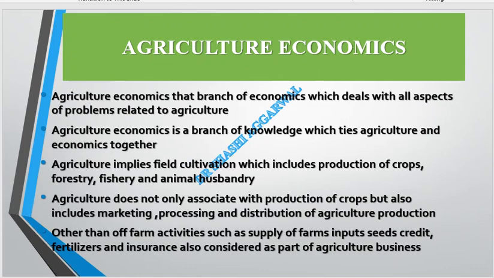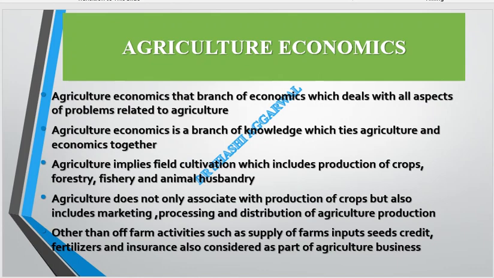When we talk about agriculture economics, it is that branch of economics which deals with all aspects of problems relating to agriculture. It is a branch of knowledge which ties agriculture and economics together. Agriculture means field cultivation, which includes production of crops, forestry, fishery, and animal husbandry.